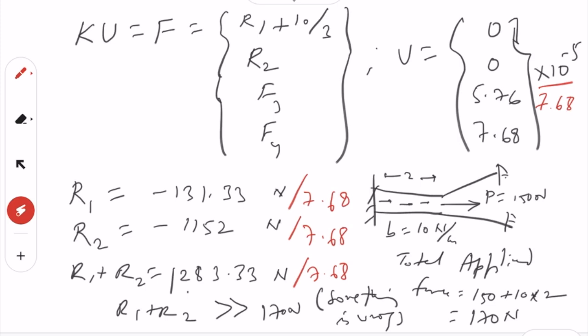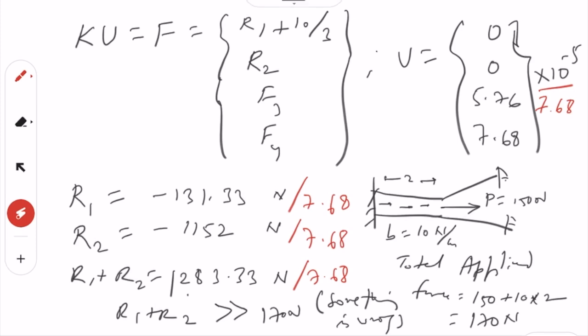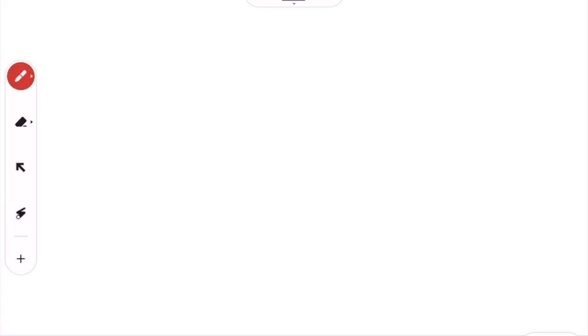So now with correction we get R1 plus R2 equal to this divided by 7.68, and if you find out that value, then you will get R1 plus R2 equal to 167.1 Newton, and this is the new value.